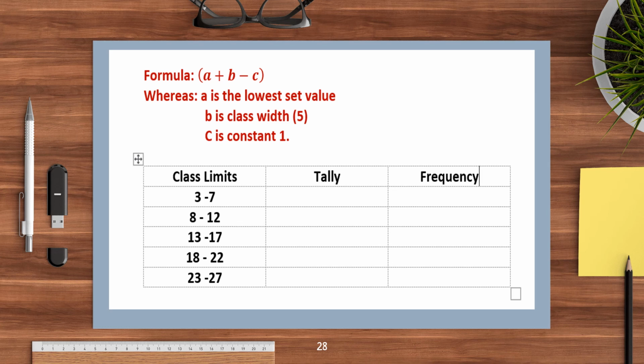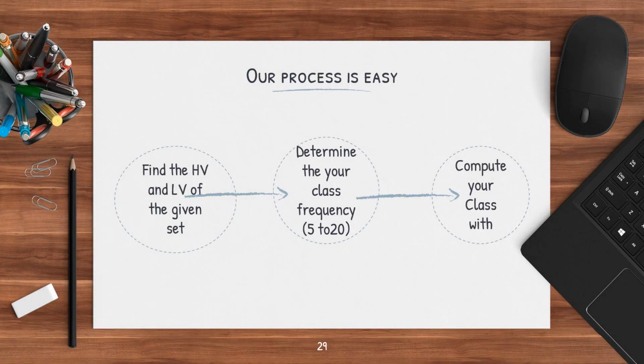And so this is how you do your distribution table when it comes to class limits, or when it comes to distributions of ages, number of hours, and the like. We simply find the highest value and the lowest value of the given set, followed by determining your class frequency.